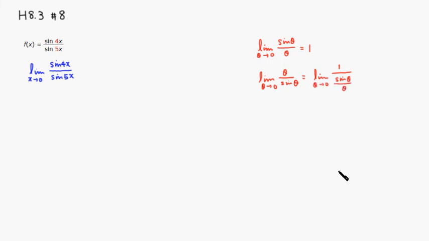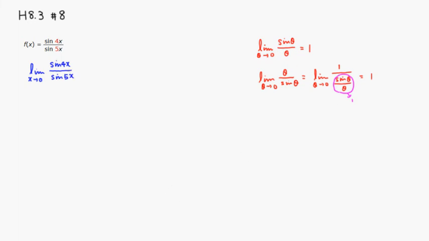We know that this guy from the first limit approaches 1, so it is 1 over 1, which is 1. Either way, you get 1.